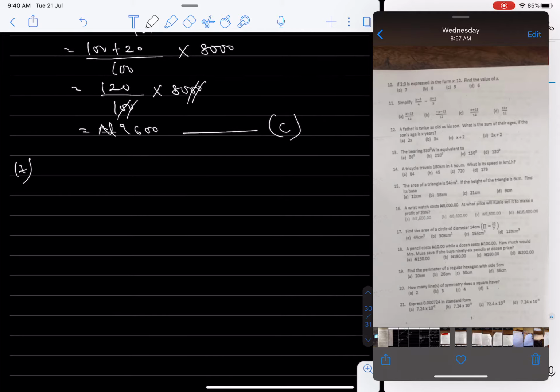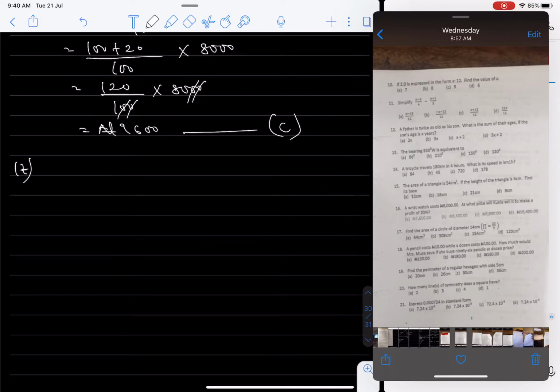Now to number 17. Find the area of a circle of diameter 14 centimeters when pi is 22/7. Area of a circle is pi r squared.